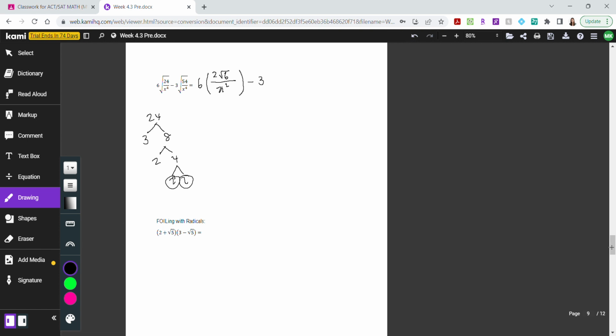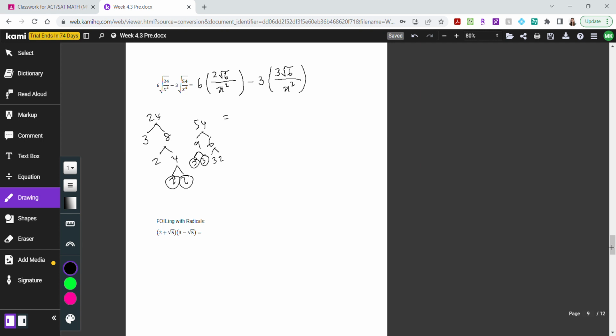Minus 3. Let's break down 54. Which is going to give us 3 square root 6 over, again, x squared.